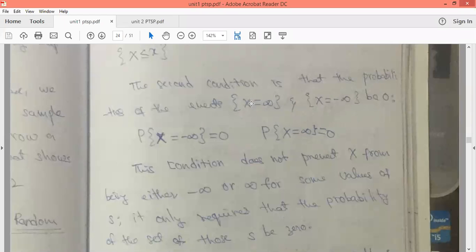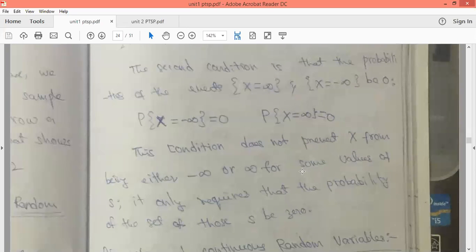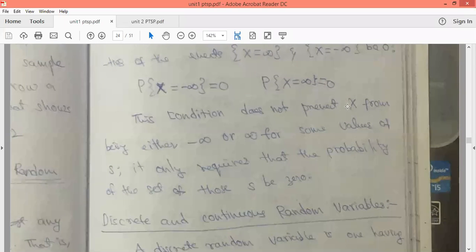We don't have any events with X equal to infinity or X equal to minus infinity, so the probability of X equal to minus infinity and X equal to infinity should be 0. This condition does not prevent X from varying from minus infinity to plus infinity. The only thing is that the events X equal to infinity and X equal to minus infinity do not exist. That is why the probability of X equal to minus infinity is 0, and the probability of X equal to infinity is 0.